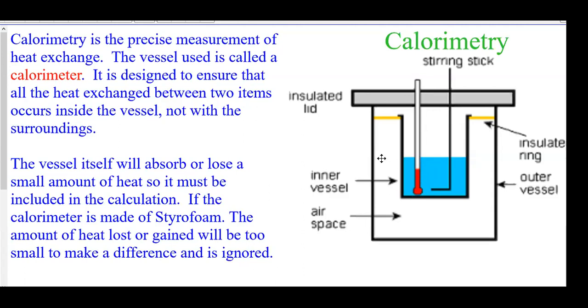And from that, I would be able to figure out what each of their specific heat capacities were. So that is something they use to figure out all these values. We're not going to do one of those, obviously, but that is the process on which we're going to base everything.